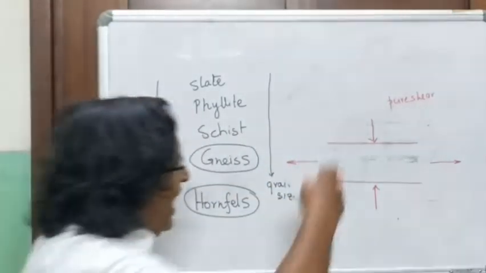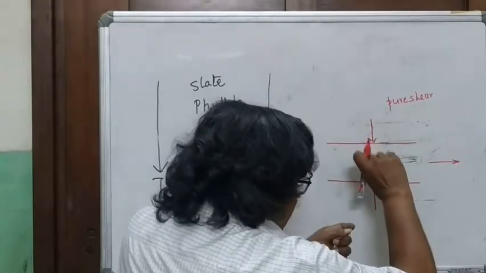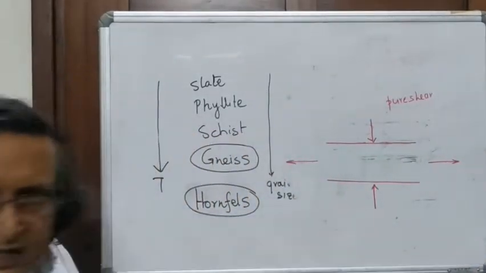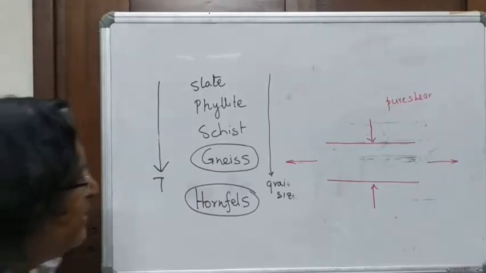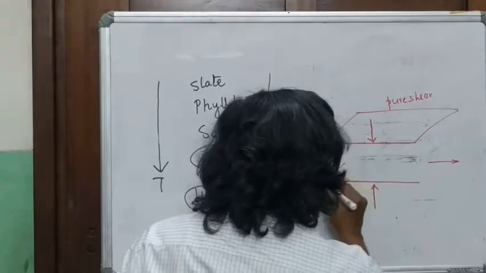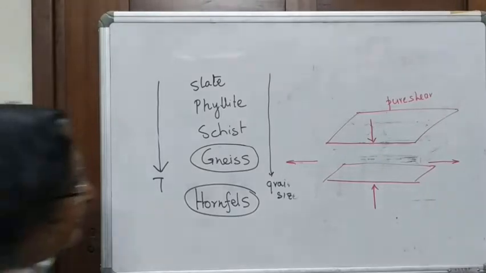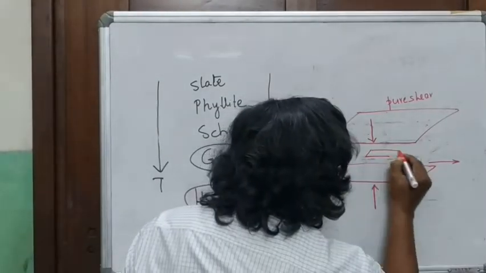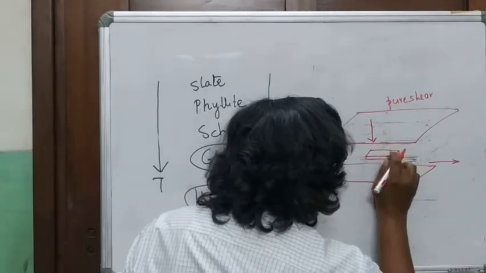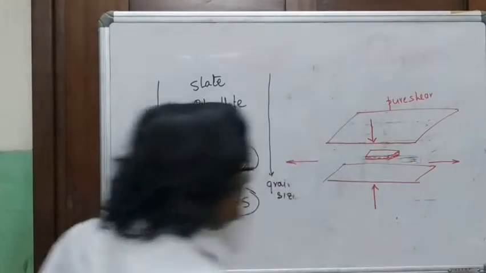Have you understood? So as you apply pressure, the intensity increases but this axis does not move, and the stretching direction accordingly increases. Now if a mica mineral is to form here, it will align itself with its cleavages like this.